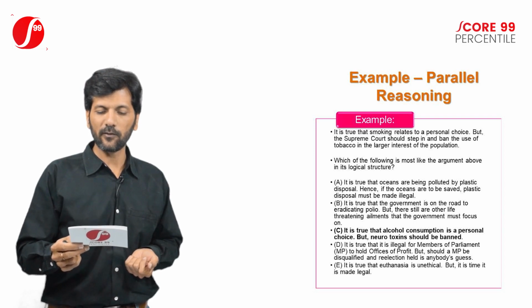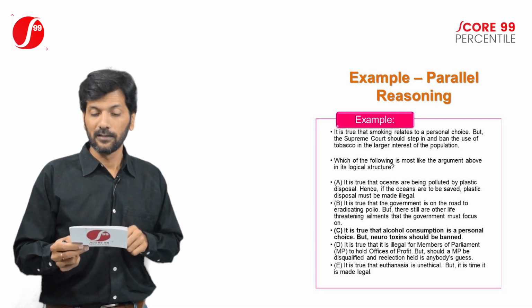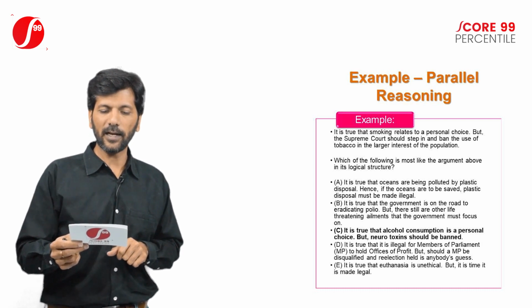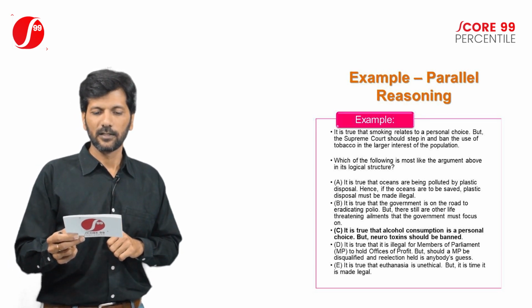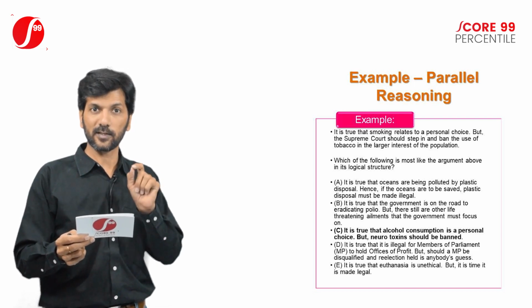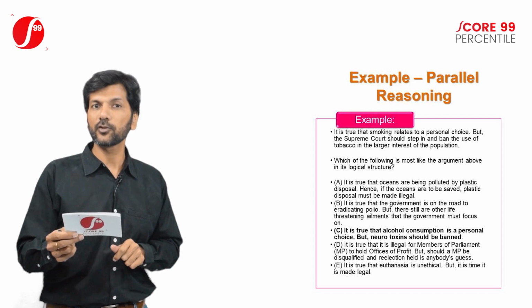Look at choice B. It is true that the government is on the road to eradicating polio. Again, personal choice? But there are still other life-threatening elements that the government must focus on, so we know this also will not parallel. Choice C. It is true that alcohol consumption is a personal choice. Yes, of course, this is similar to the given example. But neurotoxins should be banned.